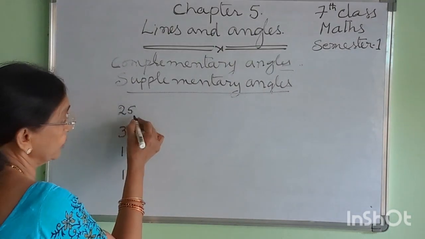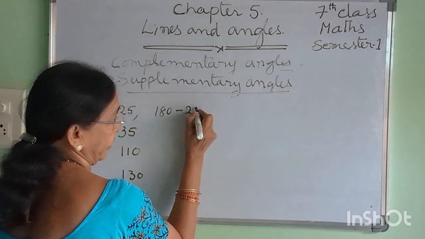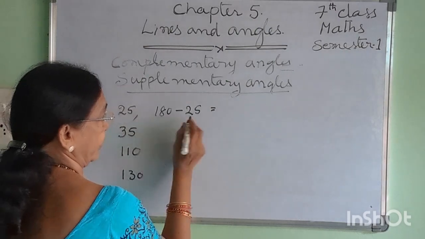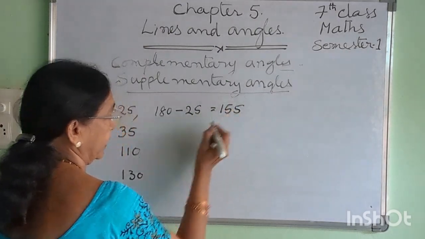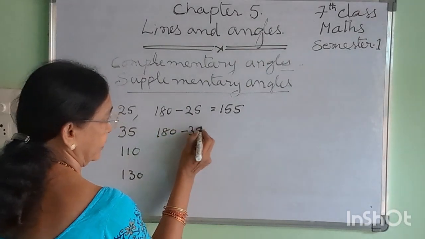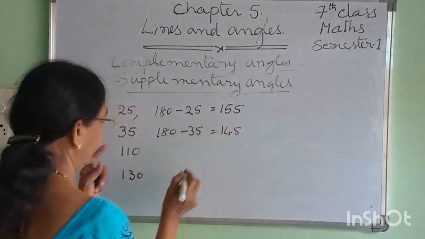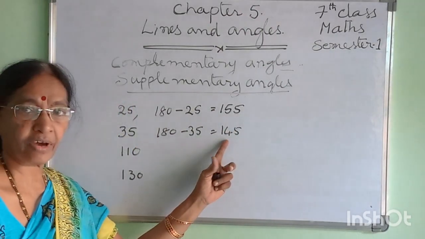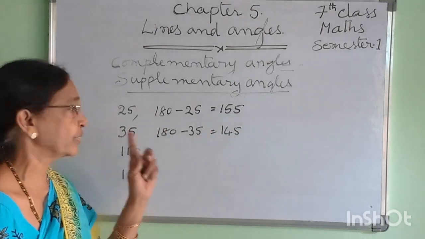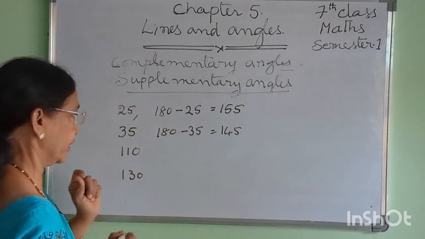Therefore the supplement to 25 is 180 minus 25, which is 155. Similarly, for 35, 180 minus 35 is 145. So 35 and 145 are supplementary angles, or 145 is the supplement to 35. 155 is the supplement to 25.